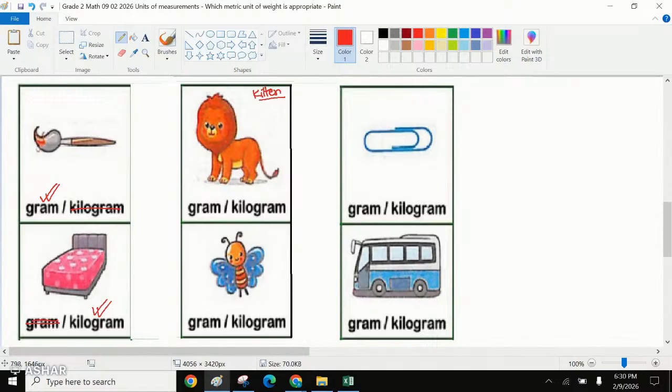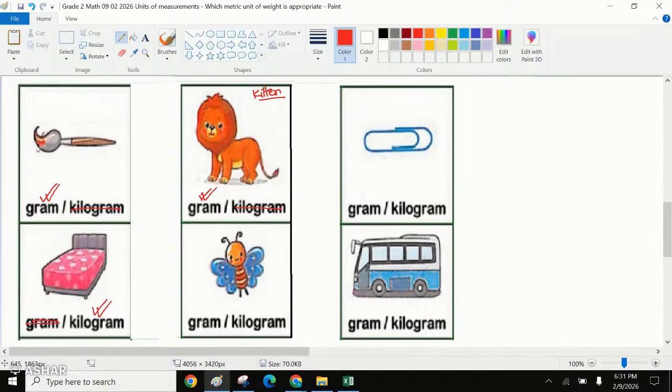A kitten has to be in grams because it's lighter in weight and you can easily lift it up. If a kitten would be 10 kilograms, it's not easy for us to lift up a kitten, right? So a kitten would be in grams. Kitten, I'm not saying a lion, just a small cat, right?